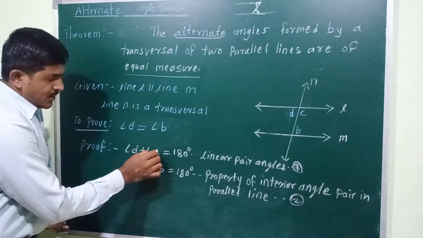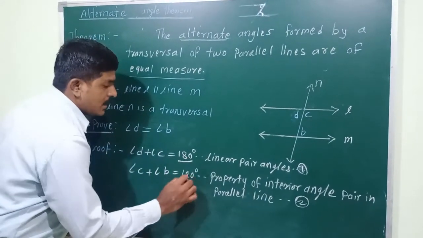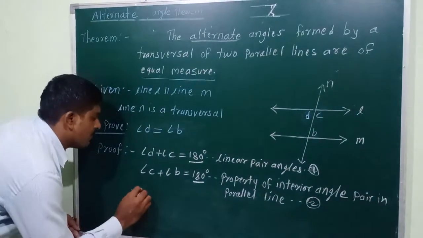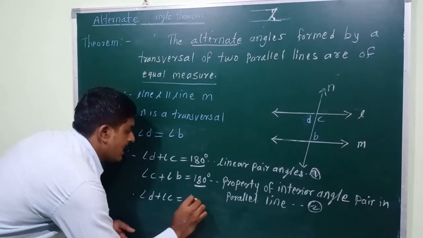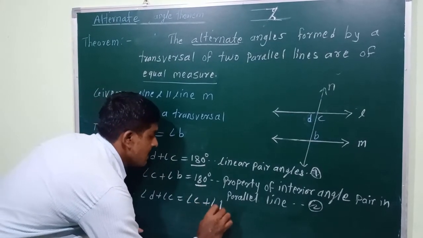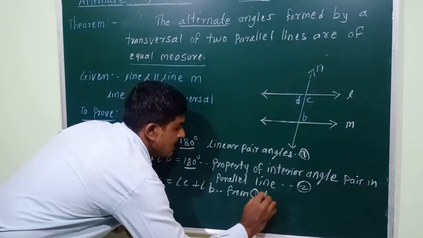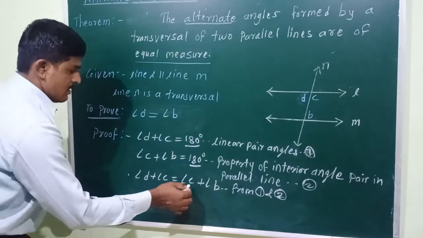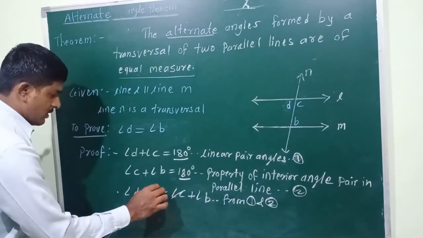Look at the first statement and the second statement. The right hand side, 180, is equal. Hence, angle D plus angle C is equal to angle C plus angle B, from the first and second. The right hand side and left hand side have angle C as a common angle.